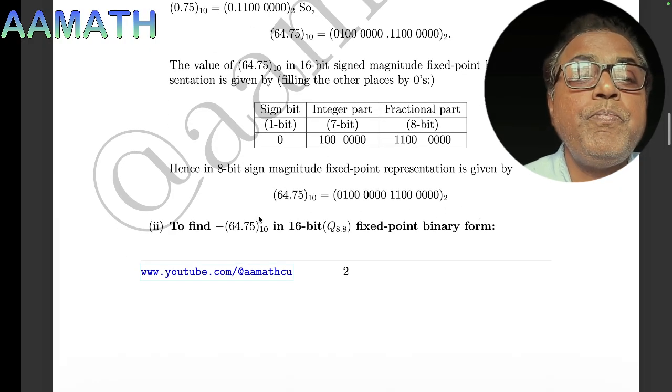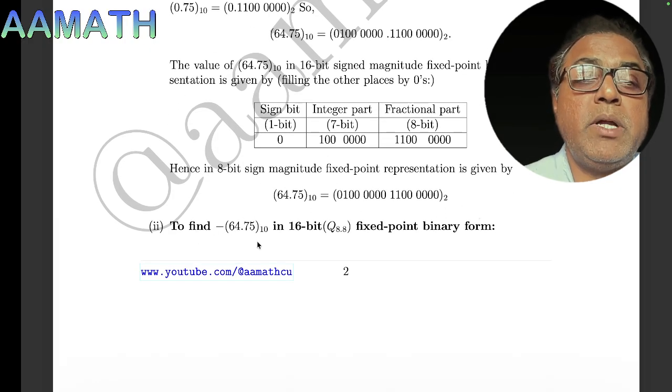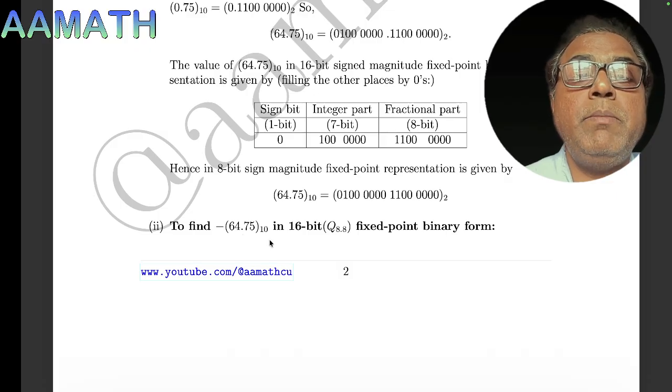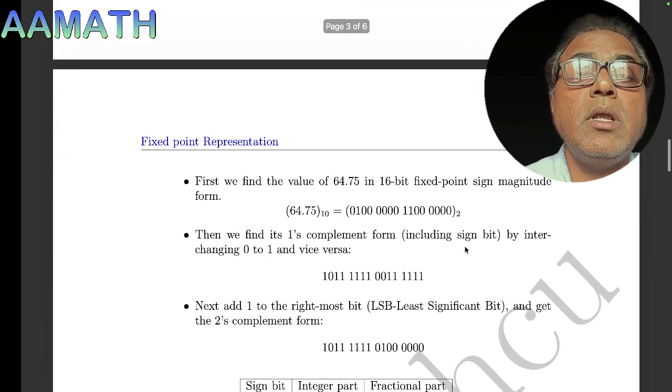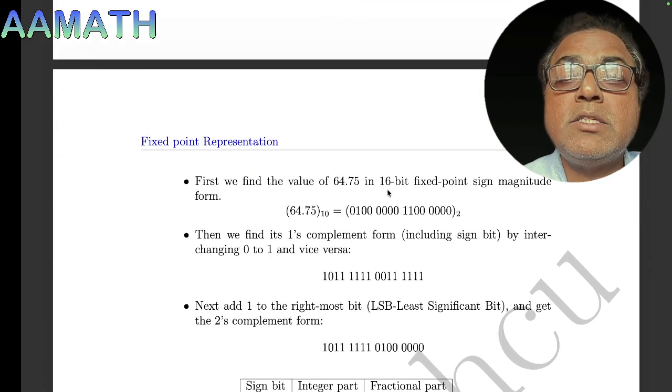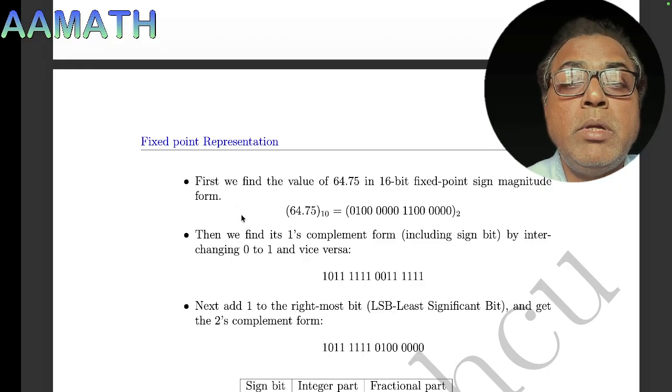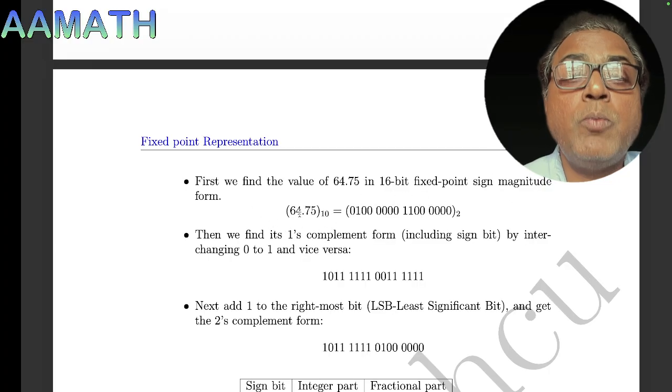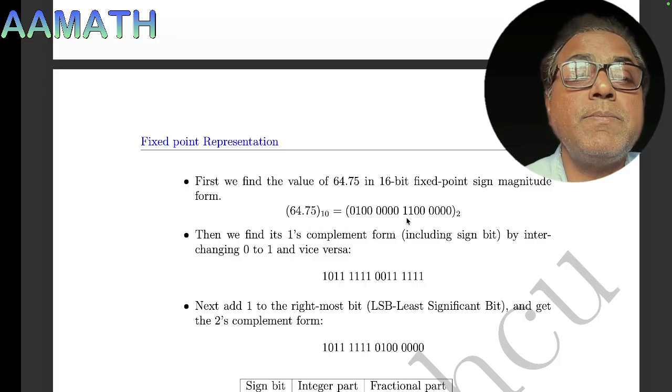Next, we find the negative of this number, minus 64.75 to the base 10, in 16-bit Q8.8 fixed point binary form. First, we find the value of 64.75 in 16-bit fixed point sign magnitude. Already we have done this. So 64.75 to the base 10 equals this.